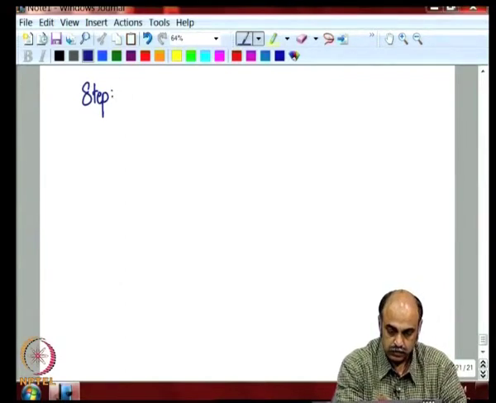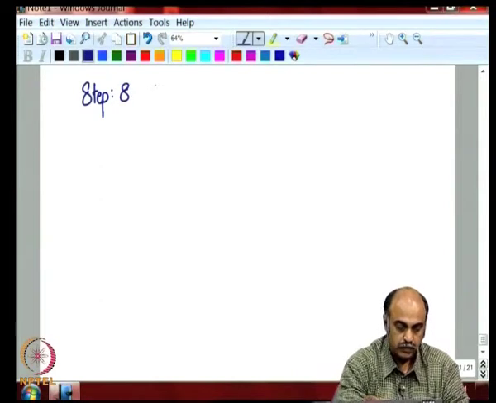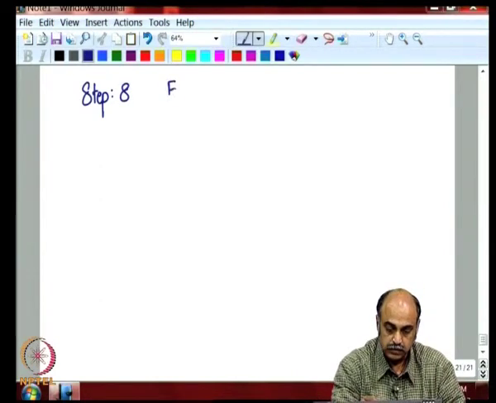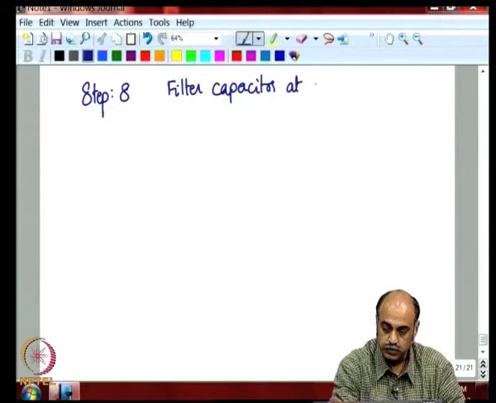Step 8, we still have the filter capacitor, output filter capacitor at output.